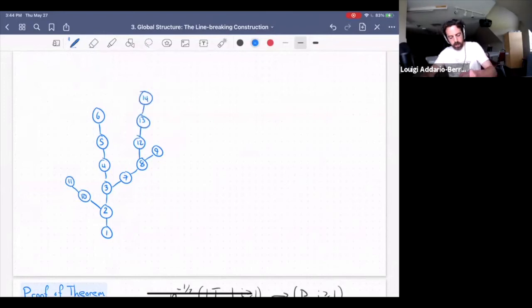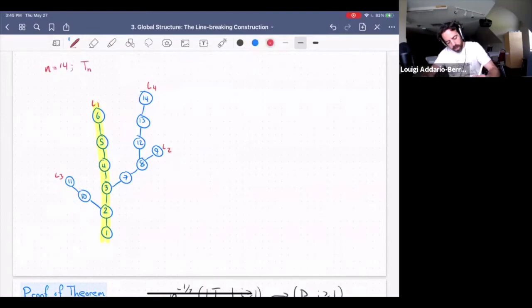So in this tree, the leaves in order, this is the first leaf, this is the second leaf, this is the third leaf, this is the fourth leaf. And in this example, n is 14.